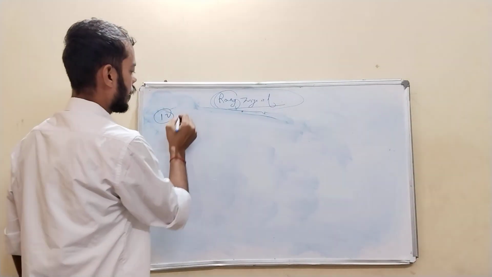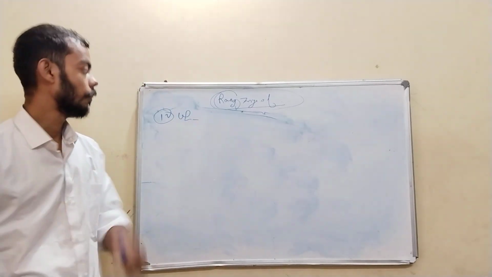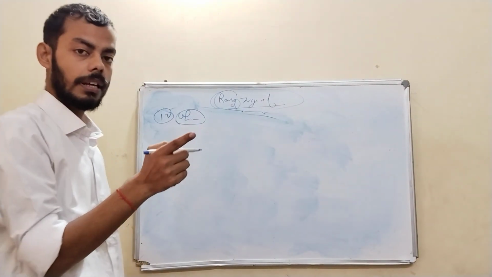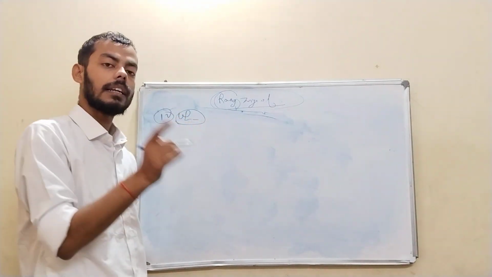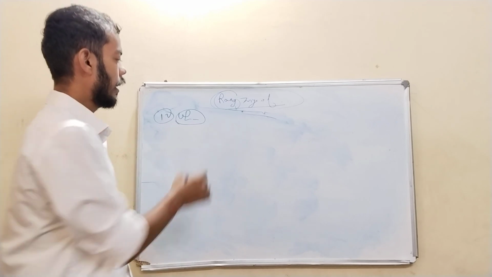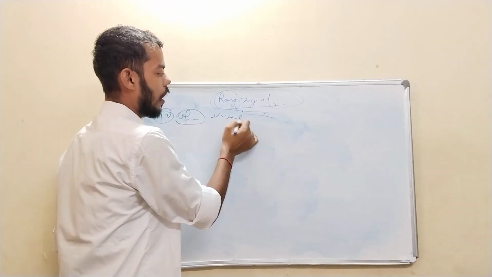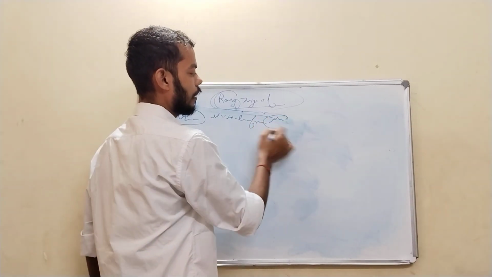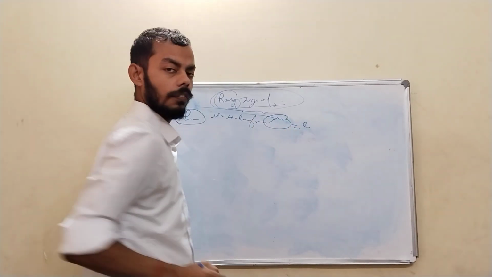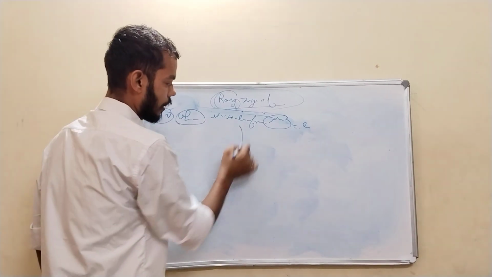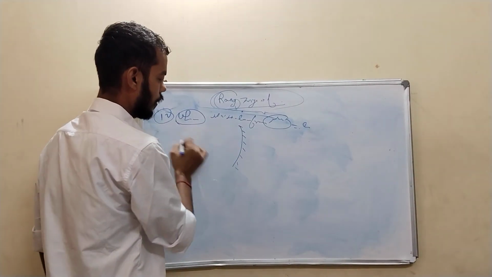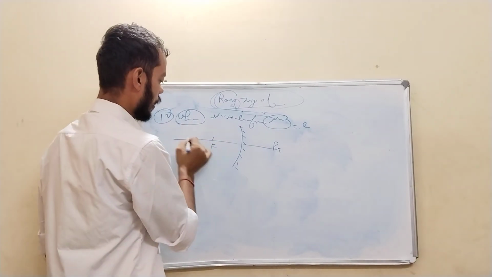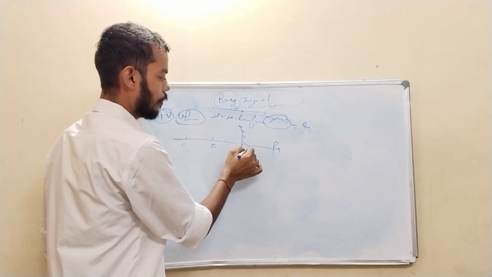The fourth rule says that when an incident ray falls at the pole of the mirror, it will follow the law of reflection, and the angle of incidence will be equal to the angle of reflection. So this is the concave mirror, this is the principal axis, this is the focus, the center of curvature, and this is the pole.